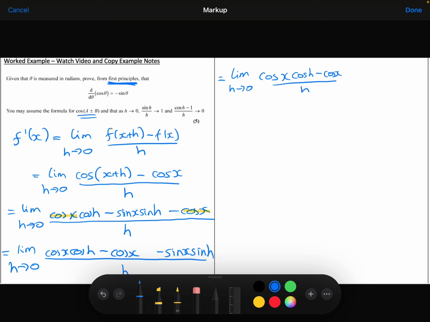And then we've got the separate limit, so I've got a minus limit as h tends towards 0 of sine x sine h over h. All I'm doing is writing this limit and this limit separately.